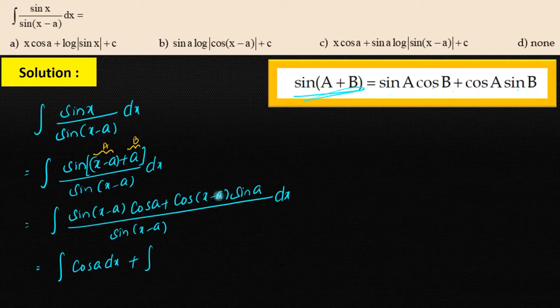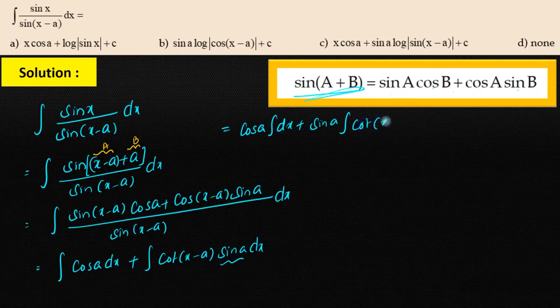plus integral, here cos of (x minus a) by sin of (x minus a) is cot of (x minus a) into sin a dx. That equals to, here cos a is constant, cos a into integral dx, plus here sin a is constant, into integral cot of (x minus a) dx.